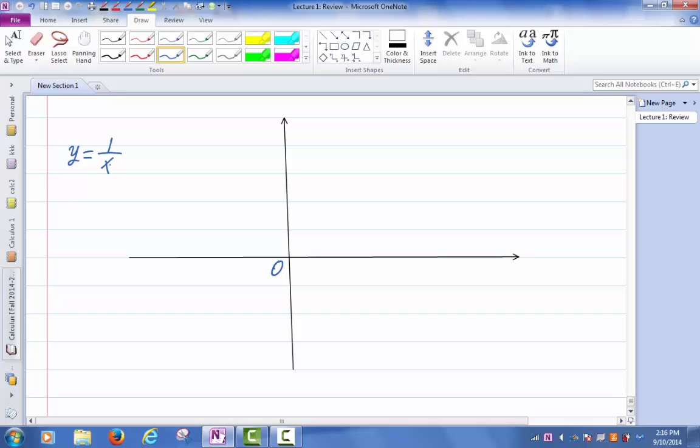So what happens when x is close to 0? When x approaches 0 from the right, the function blows up, okay? So near 0, the function blows up. And then as x goes to infinity, the function decreases. The function will never become 0, but it gets closer and closer to 0.